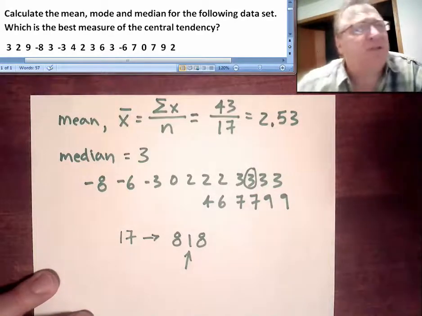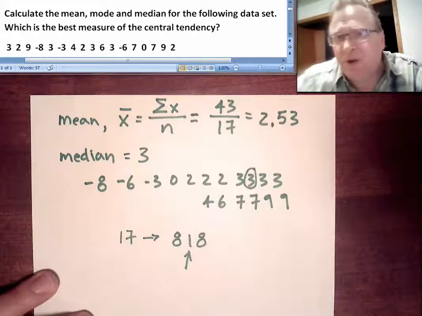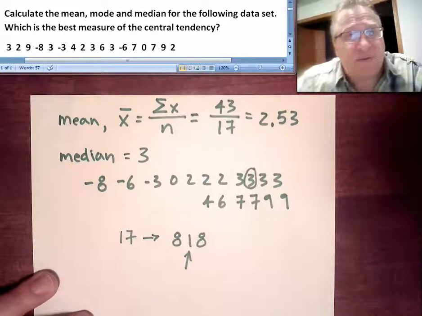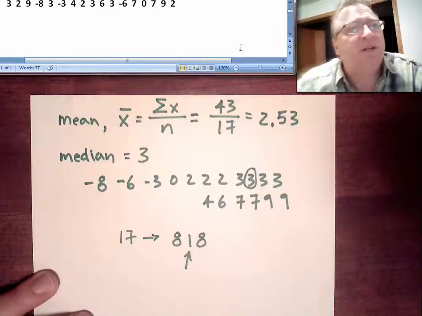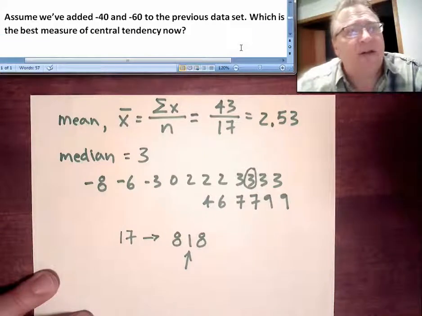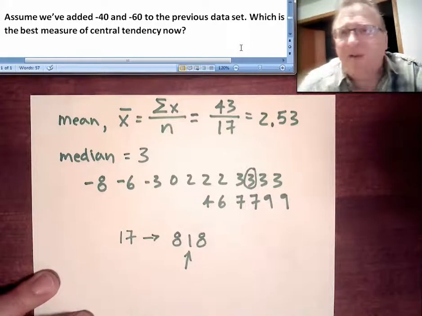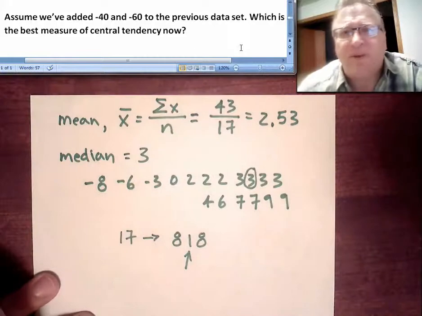Okay, well, good enough. But let's change the problem a little bit now and see when things fall apart. There are many distributions that have what are called outliers, or values that don't fit the rest of the values.